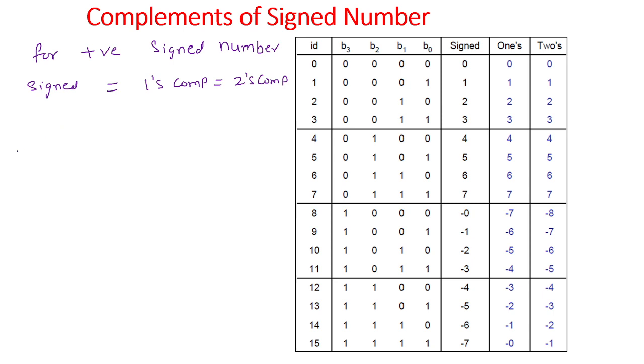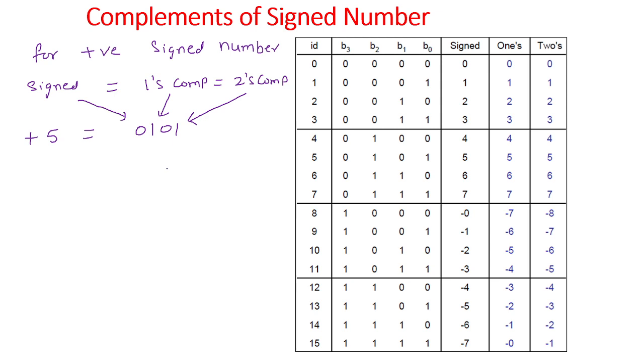If any number is given, let's say plus 5, plus 5 can be written first in the signed magnitude, which is 1, 0, 1, and plus will be indicated by the 0, as we have already seen. 0, 1, 0, 1 is plus 5 in the signed magnitude, and this is also the same as the one's complement and also the same as the two's complement.